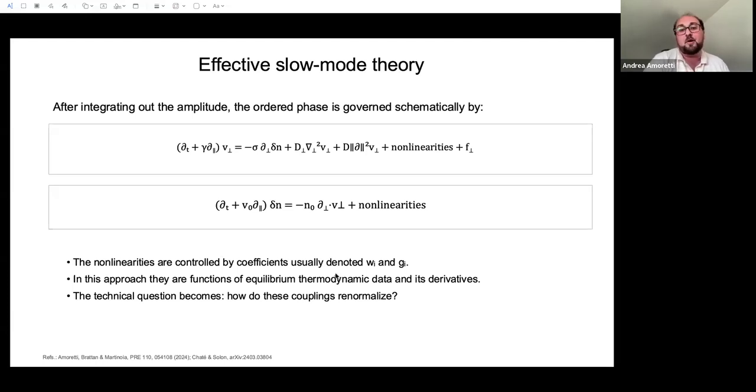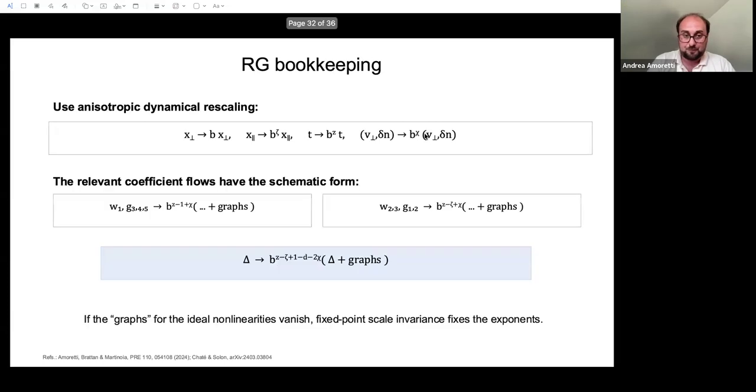Now, the main point is that except the diffusive constant, all the nonlinearities in our approach are basically functions of equilibrium thermodynamic data or their derivatives. So a technical question now becomes how these nonlinearities renormalize around the fixed point. And again, you can do something similar to what Toner and Tu have done.